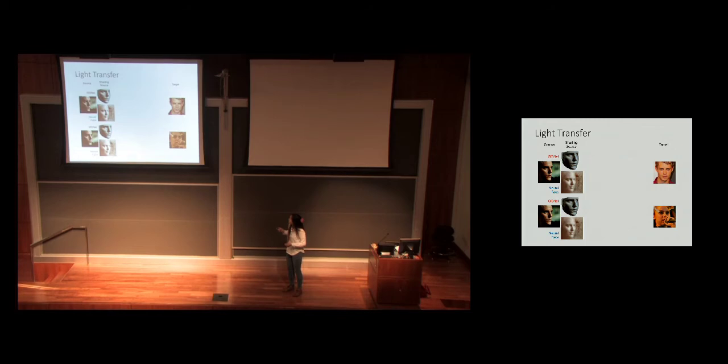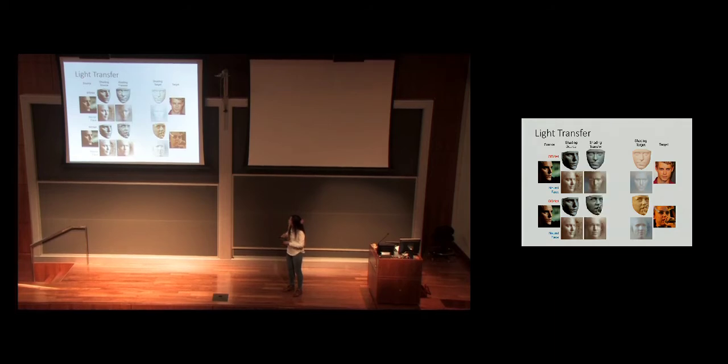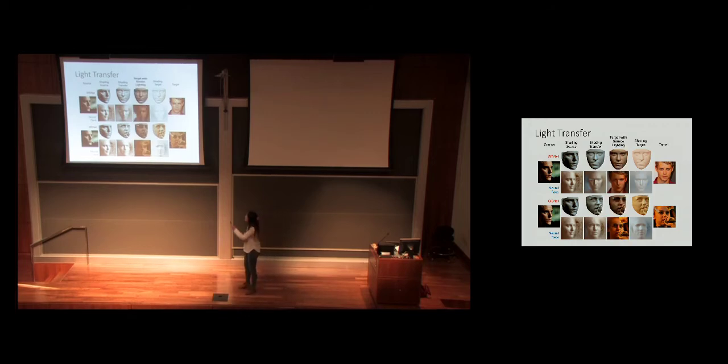So what you do is you compute the decomposition for each. So the shading of the source, and you have a shading of the target, and then now you relight the geometry and albedo of the target image with the shading of the source. So this is just showing the transfer on the geometry, and this is the result of the light transfer.